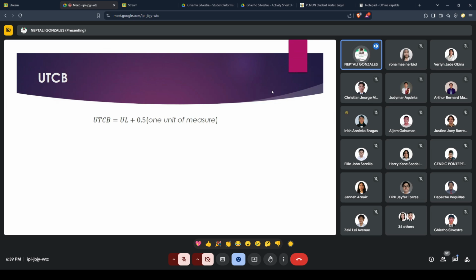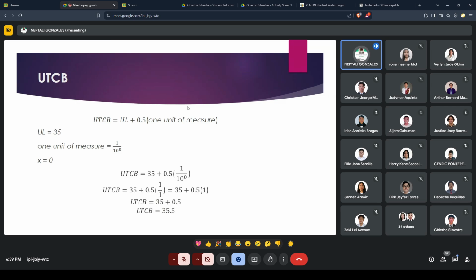Same. If the lower true class boundaries is minus 0.5, in upper true class boundaries, you just have to add 0.5. So again, it just so happened that the given data are all in whole numbers, so that one unit of measure will be negligible. So your upper limit is 35 plus 0.5, you will have 35.5.